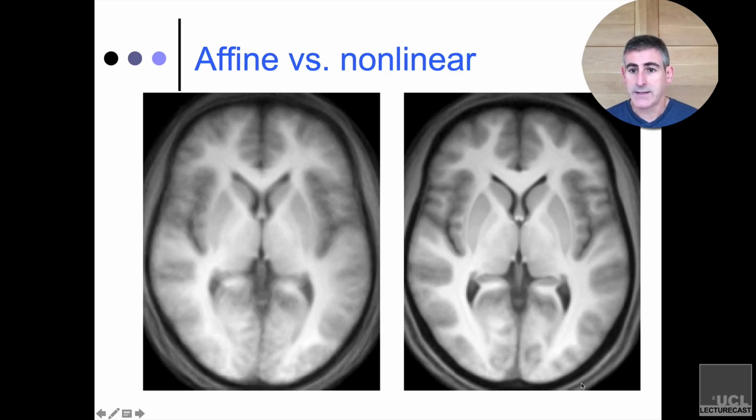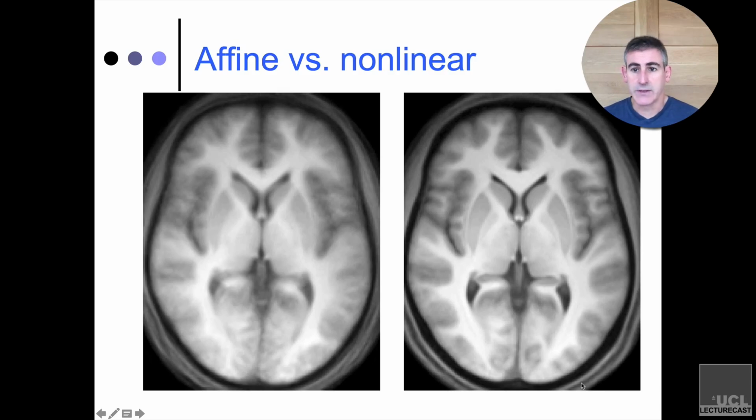In one case, I did it using a purely affine set of transformations, and in one case, I used a nonlinear set of transformations. You can see that the one on the right, the nonlinear, looks a lot better. It's done a better job of linking up the anatomy of those subjects. There's still some variability. It's a little bit blurry, but it's not as blurry as the affine transformation on the left.